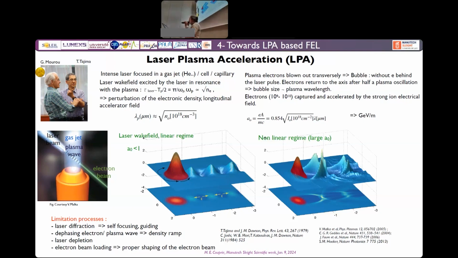So in the nonlinear regime, plasma electrons are blown out, and we have a bubble with electrons behind the laser pulse. We can reach a giga-electron volt per meter, so this could provide a very compact accelerator. There are some limiting processes: the laser diffraction, the dephasing between the electron and plasma wave, again a question of velocity, laser depletion, and electron beam loading.